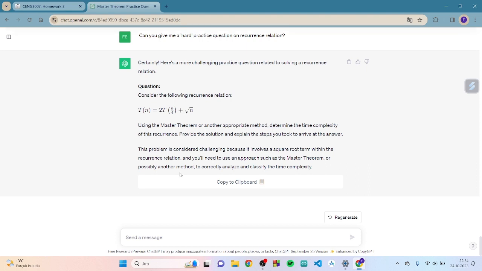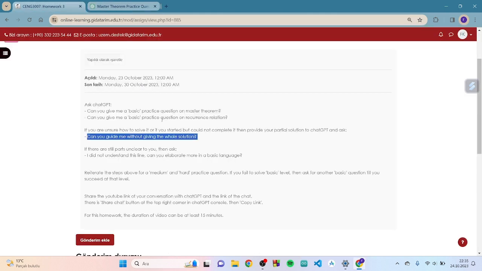Okay, to solve the given recurrence relation, we can use the master theorem, we know. However, the master theorem is not directly applicable in this case because it is designed for recurrence relations with a specific form, I think. But I will ask some help because I don't know what is this case and square root. I don't know, and I will ask some help.